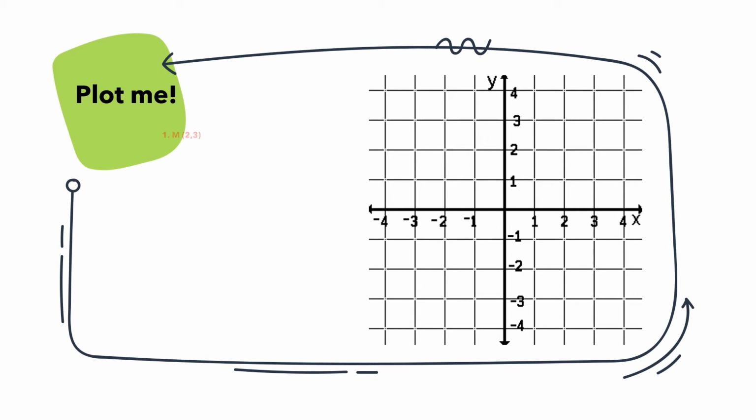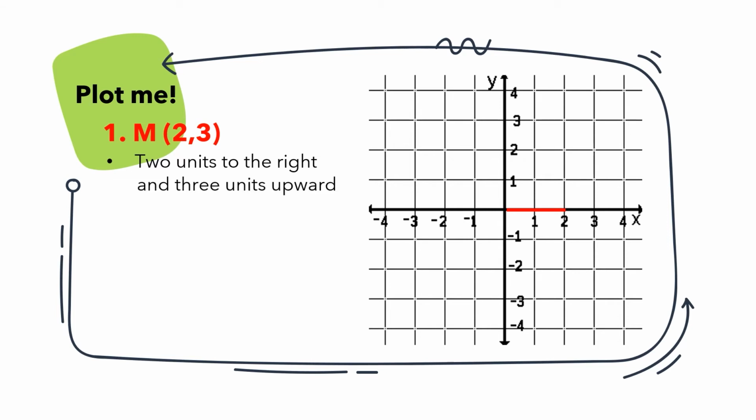First point, we have point M, located at (2, 3). As you can see, 2 and 3 are both positive. So we have 2 units to the right and 3 units upward. So here is point M located at quadrant 1. Next we have point A at (4, -1).